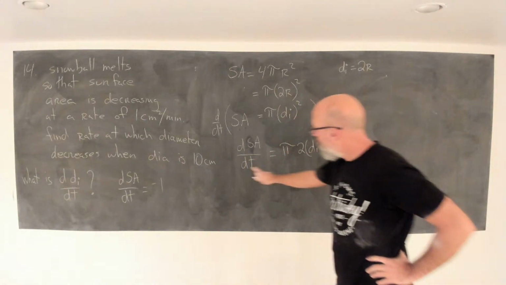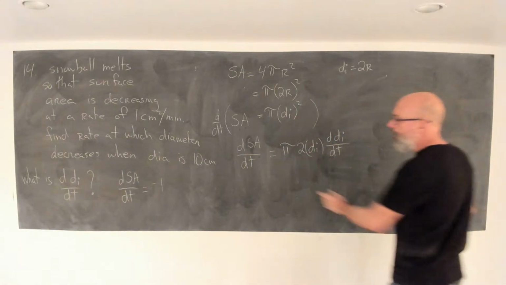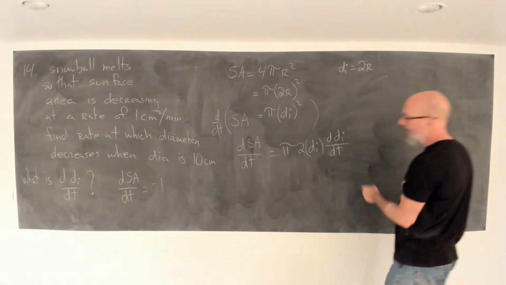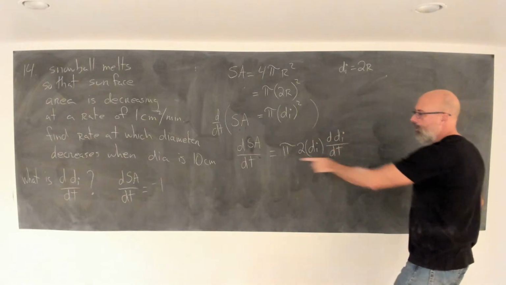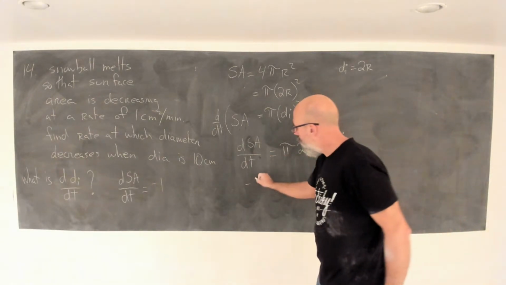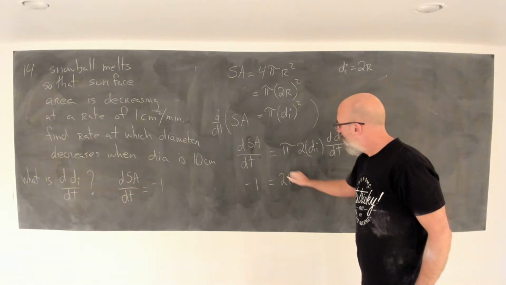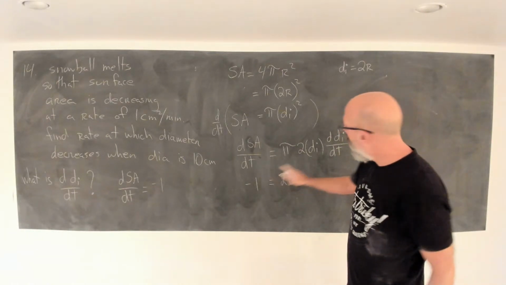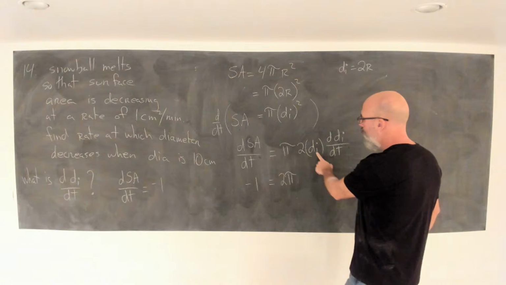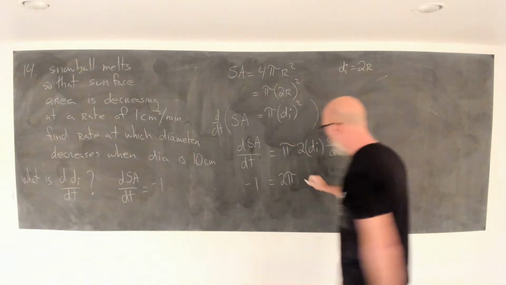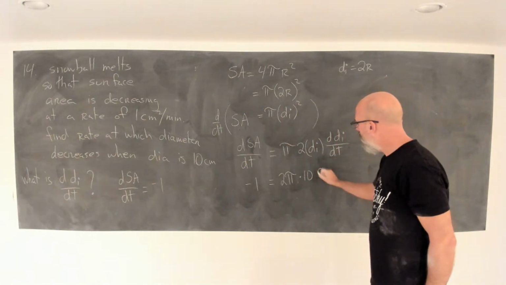Now here they're mixing it up a bit. Normally we would be solving for this, but in this case we're solving for this. This is actually given, so that's -1. 2 pi, we're looking for the rate of change when the diameter is 10. So plug in 10.